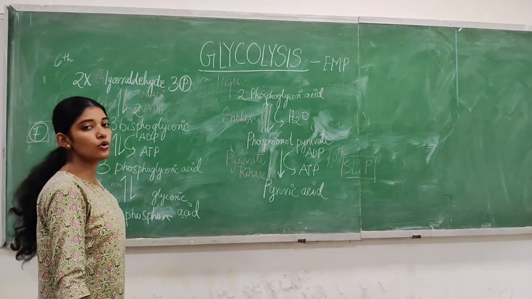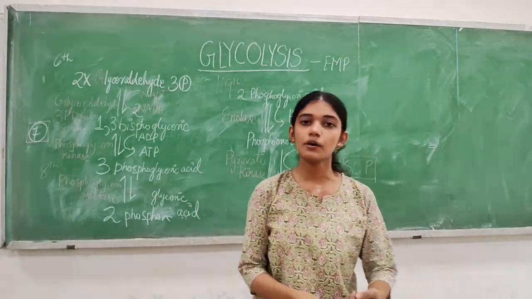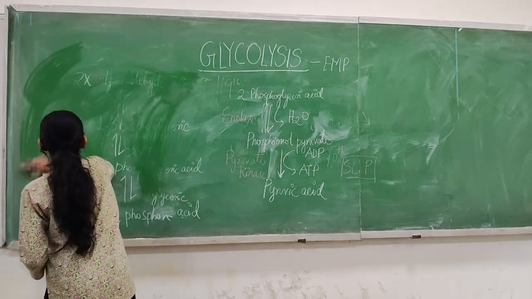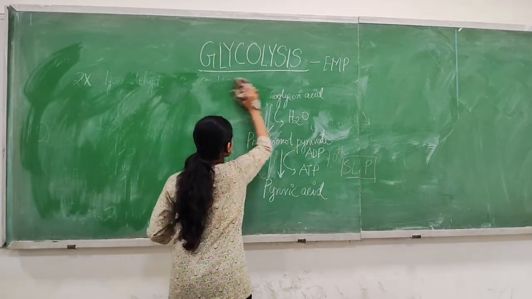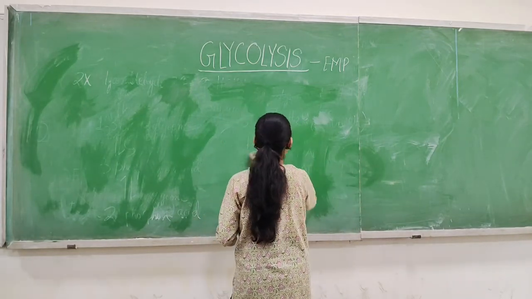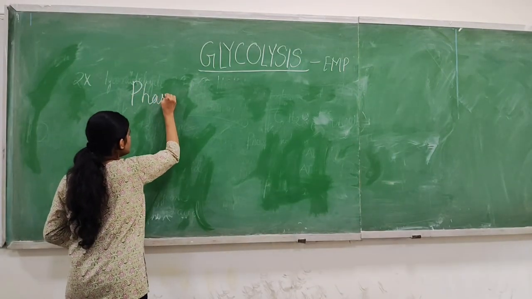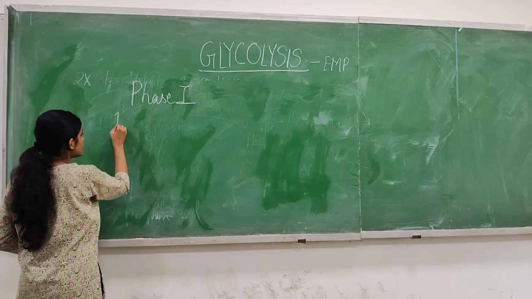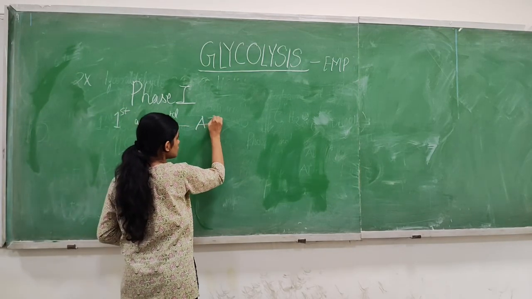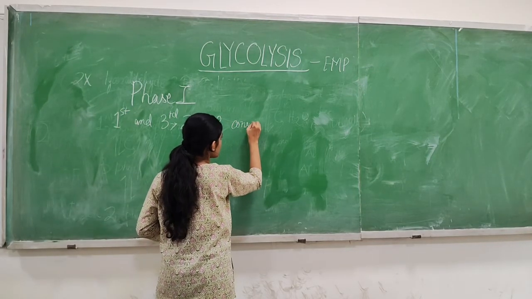So this is the overall steps of glycolysis. Now we will be studying the summary of glycolysis. In phase 1, in the first and third step, ATP was consumed, so 2 ATP were consumed.